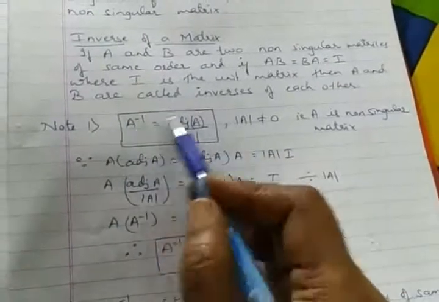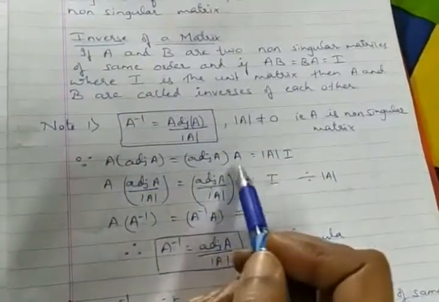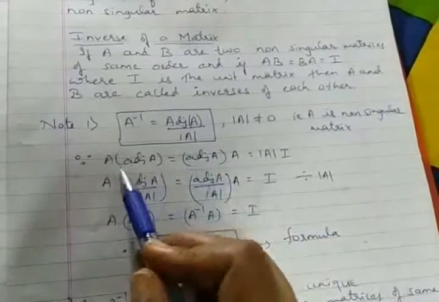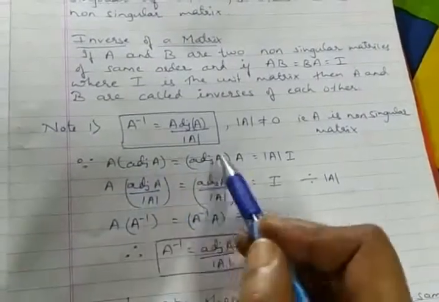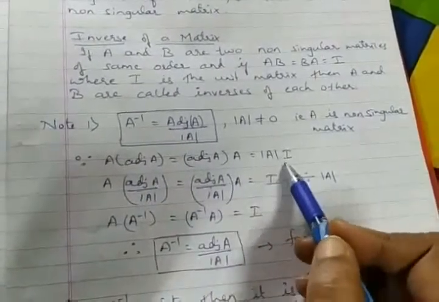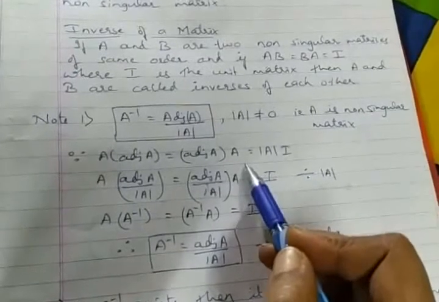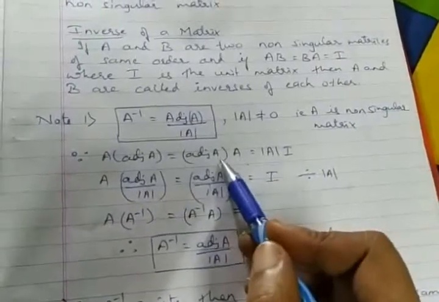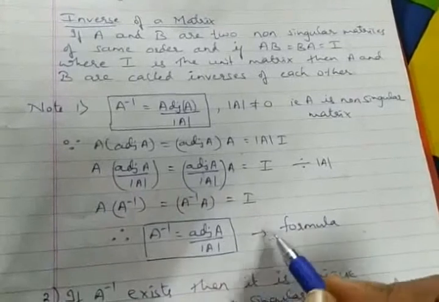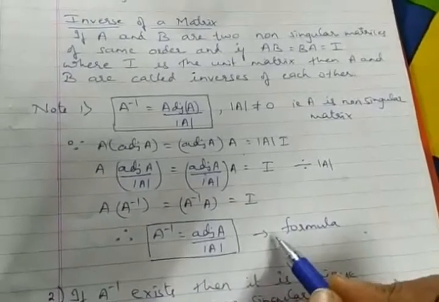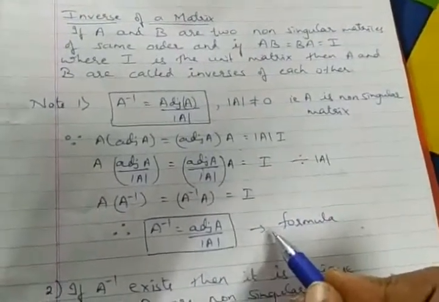Now how has this formula been derived? Already we know this property: A into adjoint of A, or the reverse, is always determinant into I. This property has to be adjusted so as to fulfill the definition of identity, or the definition of A inverse.